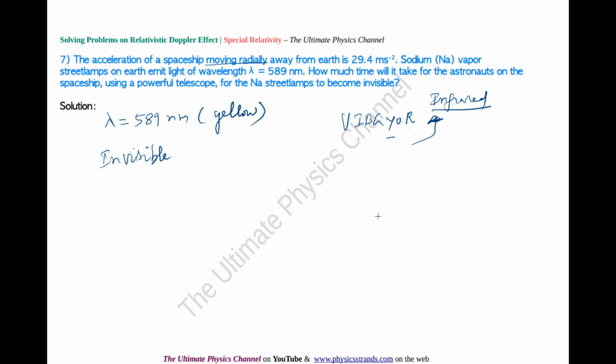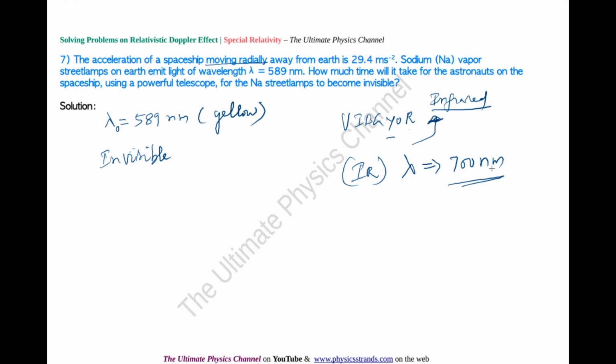If it is becoming invisible, in such cases, we have to take some safe value, right? Because 650 is typically red, 650 to 700 is hazy, 700 I can safely assume to be IR. So let's say IR, where my lambda naught is 589 nanometers, it goes to lambda, which is, let us say, 700 nanometers. Here it is a complete assumption that I am making, because it has to become safely invisible to me.